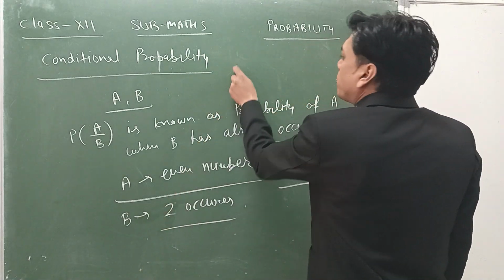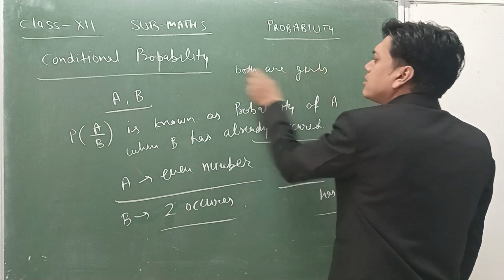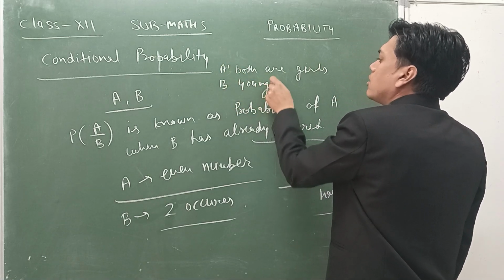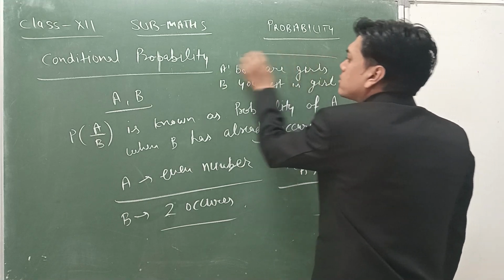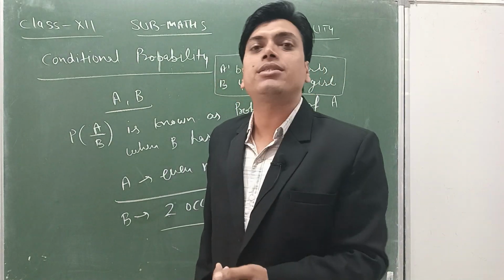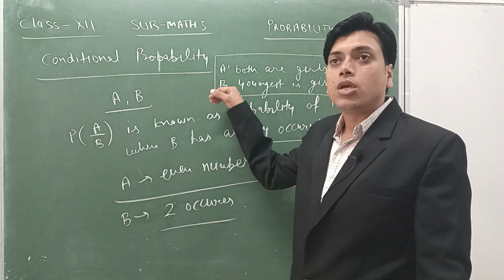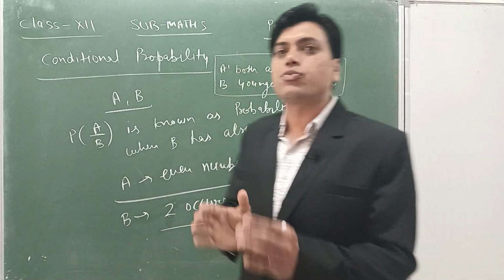The first event is both are girls, and the second event is the youngest is a girl. Now we have to find the probability of B when we already know that A is there.